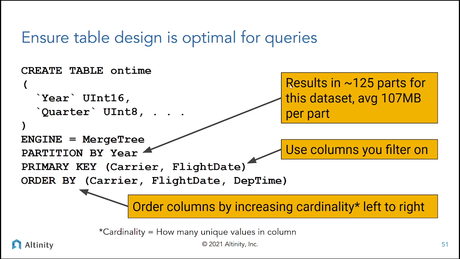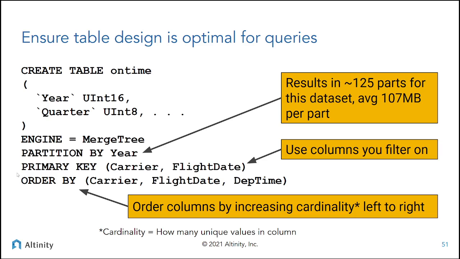These parts are kind of small. We could probably make them larger, but the point is that you have parts which have 107 megabytes. For a large data set, you would want parts far larger than these. So you want to make sure that you're partitioning by some value that's going to make parts pretty beefy.